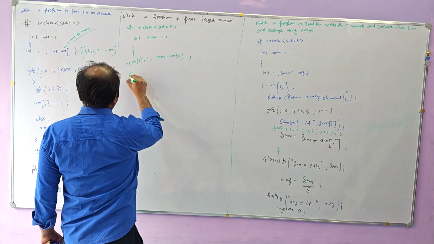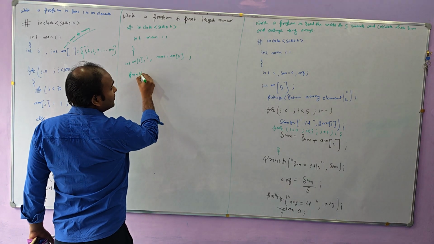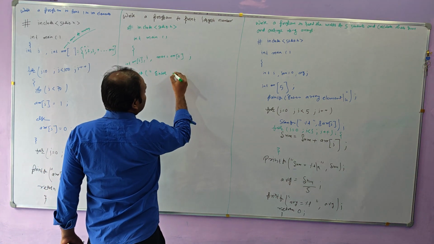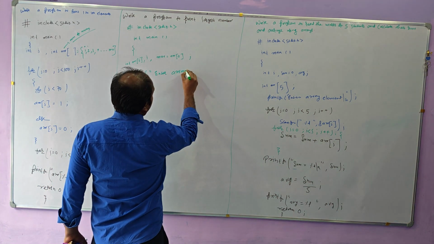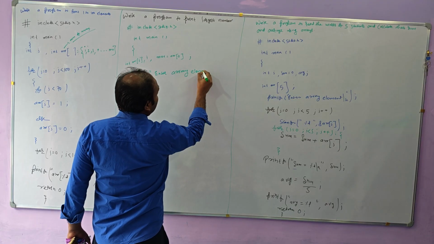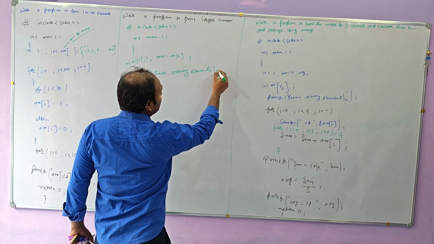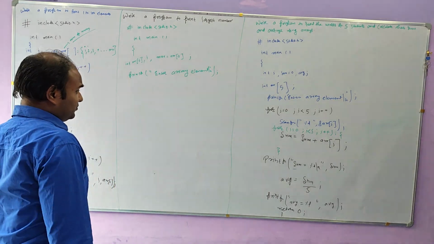So printf "enter array element\n" with a new line.